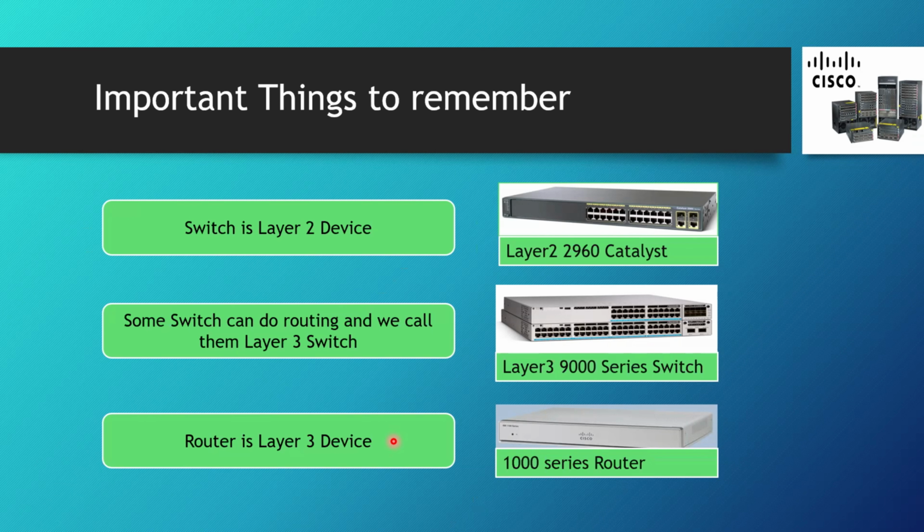Router is a dedicated device which can do routing, and it has many different advanced features. Let's say some security features, wide area network features. It has capability, performance, functionality. It has more features and functionalities than layer 3 switch in many cases. On the other hand, layer 3 switch can do switching, and also it can do routing. So in many contexts, layer 3 switch will be very useful.